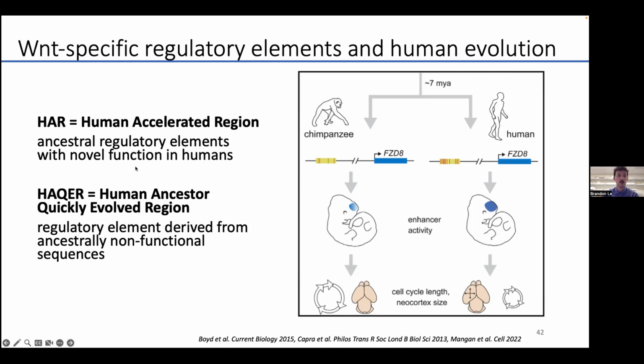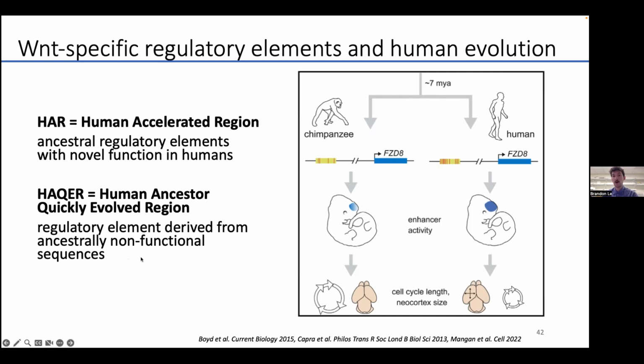HARs are regulatory elements that could have had some ancestral function, but then changed and potentially gained function after the divergence from our chimpanzee cousins. And HACERs, similarly, are regulatory elements that were ostensibly non-functional before we diverged from chimps, but along this human-specific lineage may have gained some new human function.